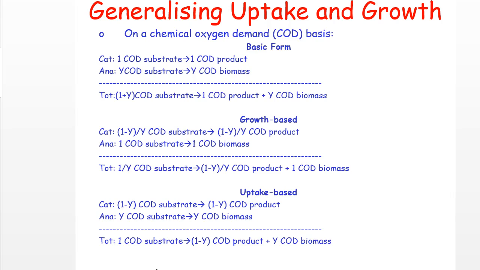Here we see generalizing uptake and growth on the chemical oxygen demand basis. One COD substrate goes to one COD product, or a fraction of the substrate goes to a fraction of biomass.